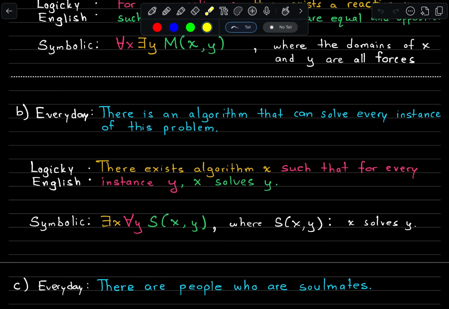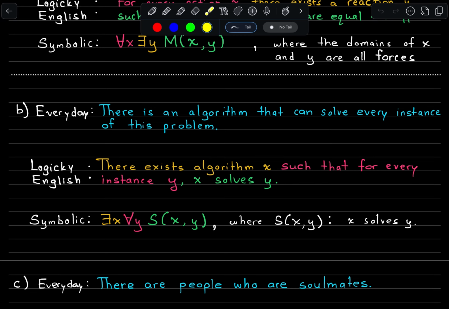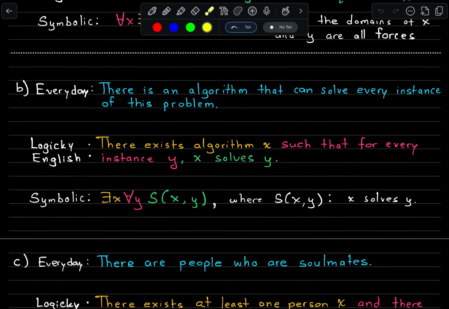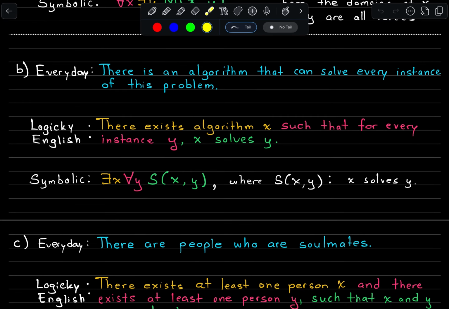But let's just look at one last example. So in everyday English, we've got a sentence like this. There are people who are soulmates. Right now, here it's not so easily determined, right, what our variables are or how many there are, but the assumption here is that we're talking about, say, just two people to start off with, right?